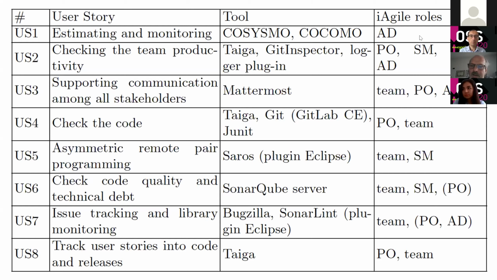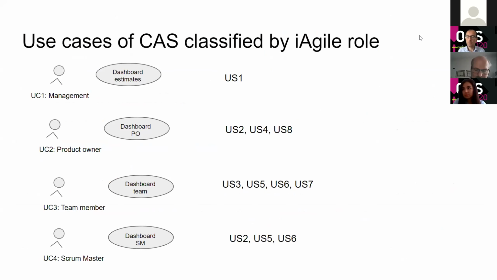As you see, there are the classic agile roles derived from Scrum, plus the AD, which is the administration, which of course plays an important role in a high security system. We can also see that there are several use cases which are mapped to one or more user stories.